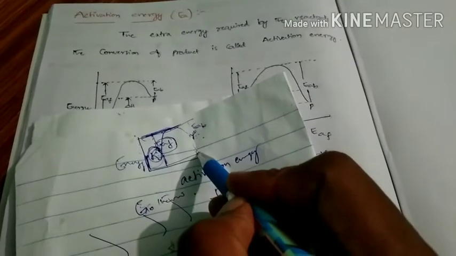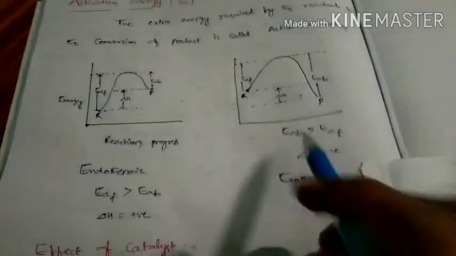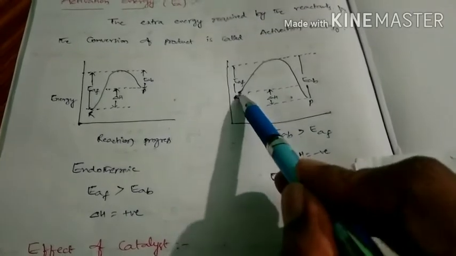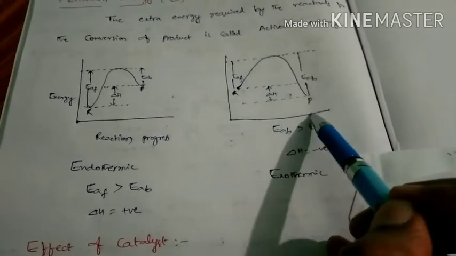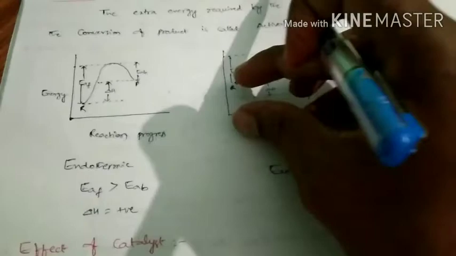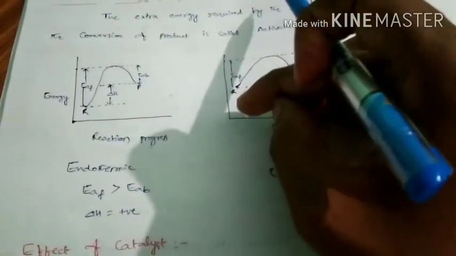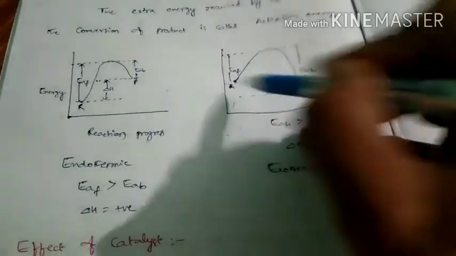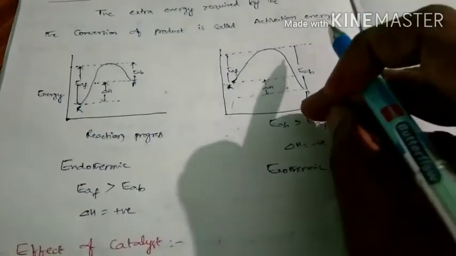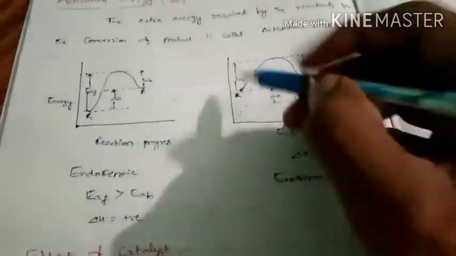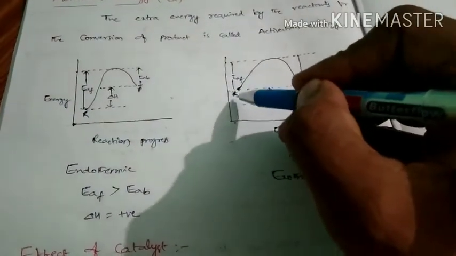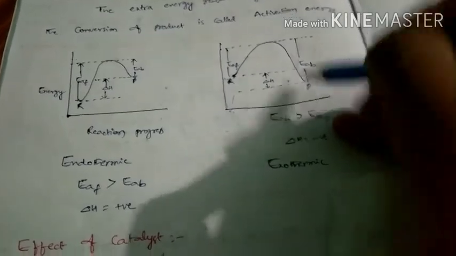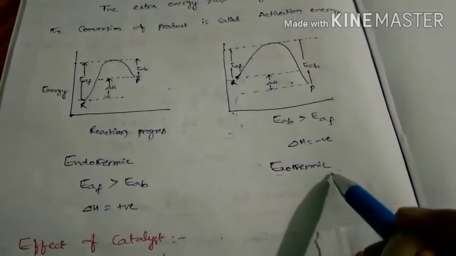So this energy is more, because we have to calculate energy from here to here. That means in this case, energy of reactants is more than energy of products. So this represents what? Exothermic reaction.